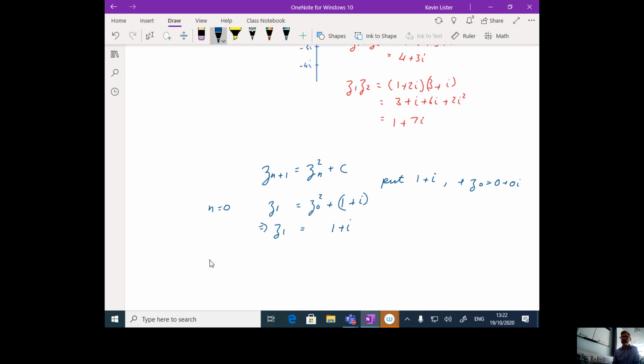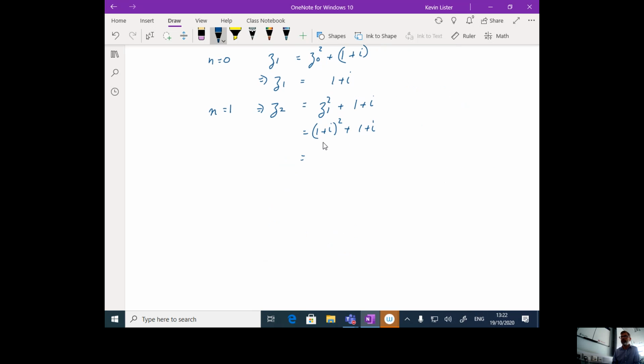Now, n increases from 0 to 1, which means that the second term, z2, is z1 squared plus my c value, and c is equal to 1 plus i. So we take our value of z1 and put it into the equation. So I've got (1 plus i) squared plus 1 plus i.